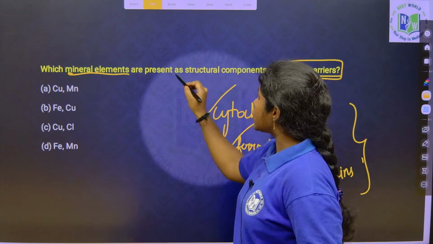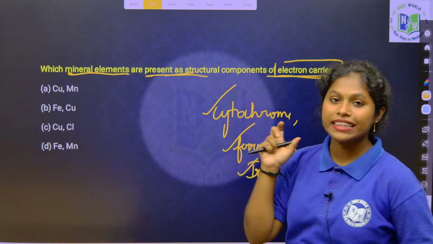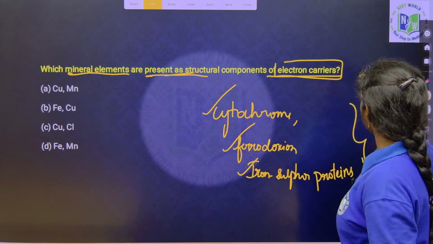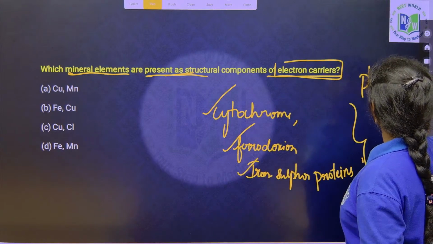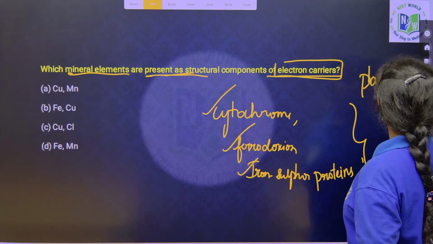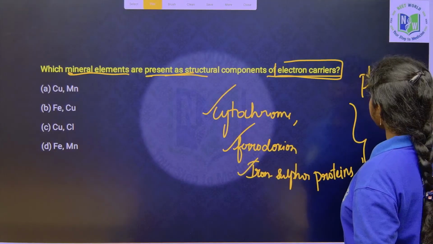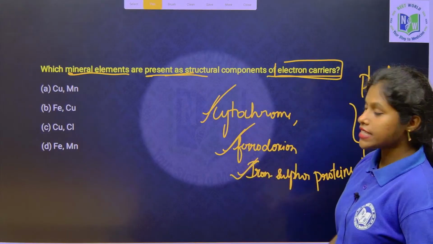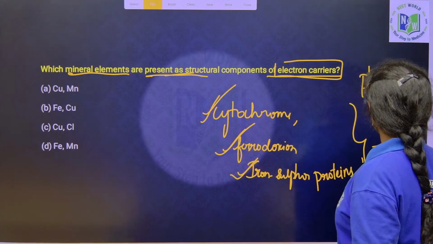So they are asking which minerals are present in these structural components. And also for plastocyanin, students, the important element is copper.